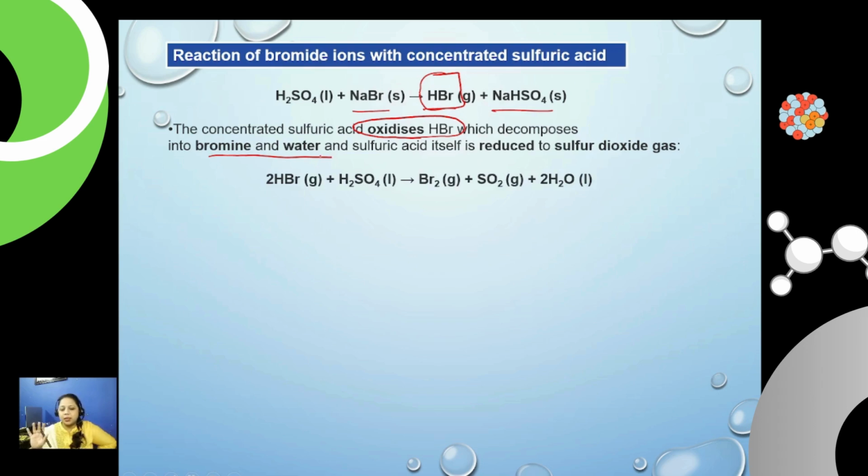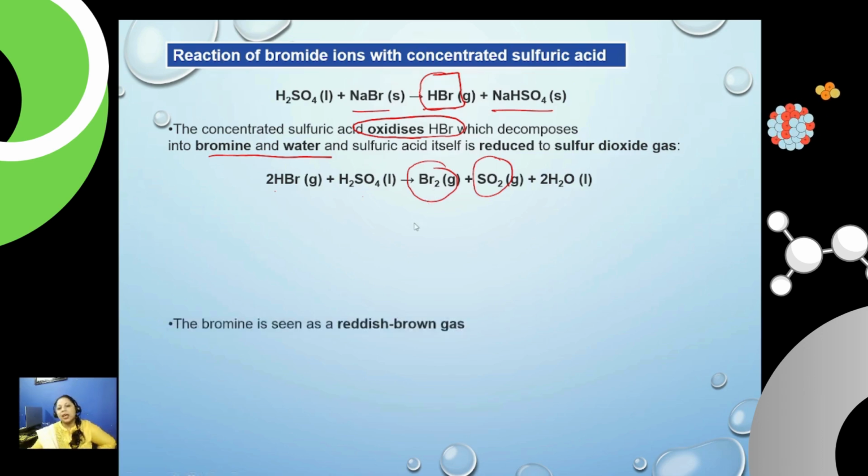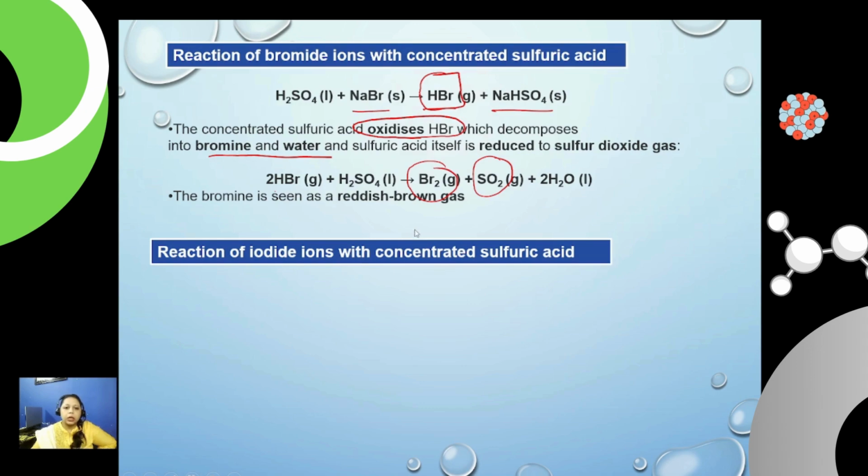When the bromine is separated, the color will be reddish. Now HBr reacts with H2SO4 producing bromine. Here sulfur dioxide is produced along with water. A simple reaction takes place, and due to the presence of bromine, it appears reddish brown.